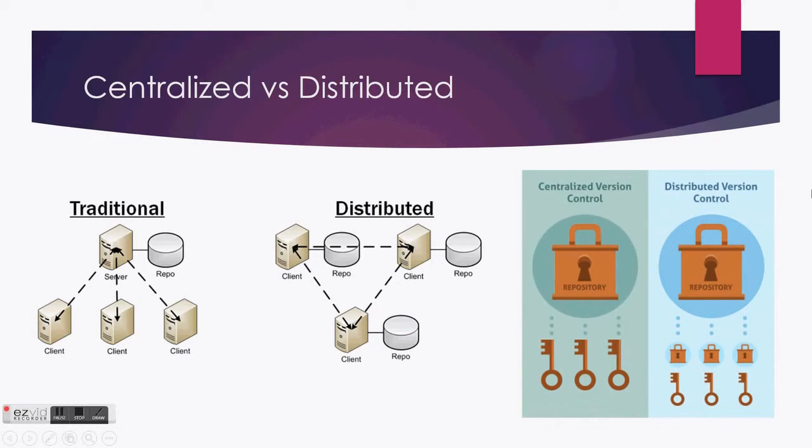So, what are the differences between each other? Mainly the repositories. Centralized version control systems only have one repository, and this means that the clients, the users, don't need to have the whole copy of that repository in their computers.